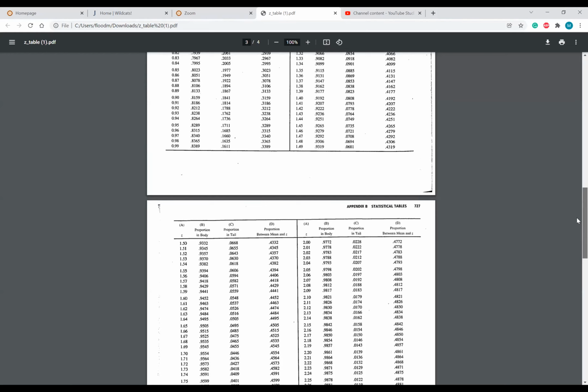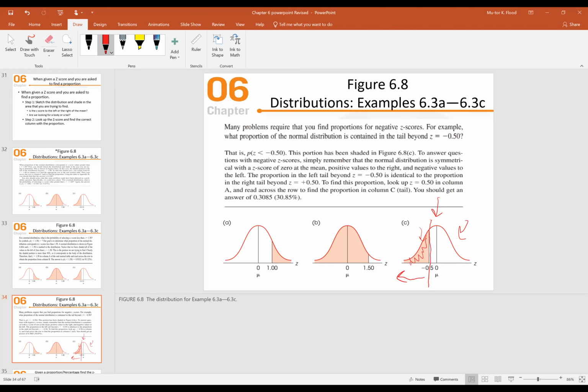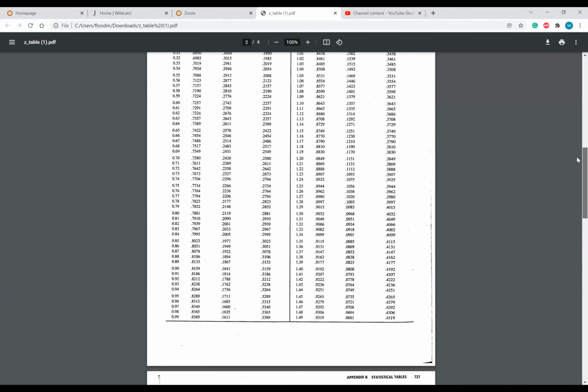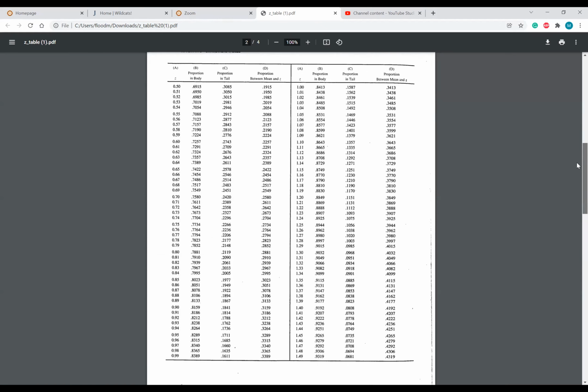The z-score we were looking for is negative 0.5, so we're going to look for a positive 0.5.